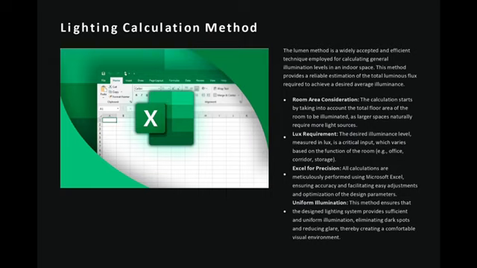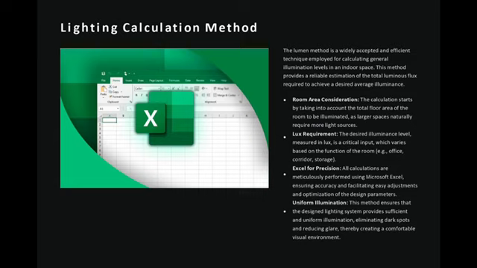Room area consideration: the calculation starts by taking into account the total floor area of the room to be illuminated, as larger spaces naturally require more light sources. Lux requirement: the desired illuminance level measured in lux is a critical input, which varies based on the function of the room, for example, office, corridor, storage.